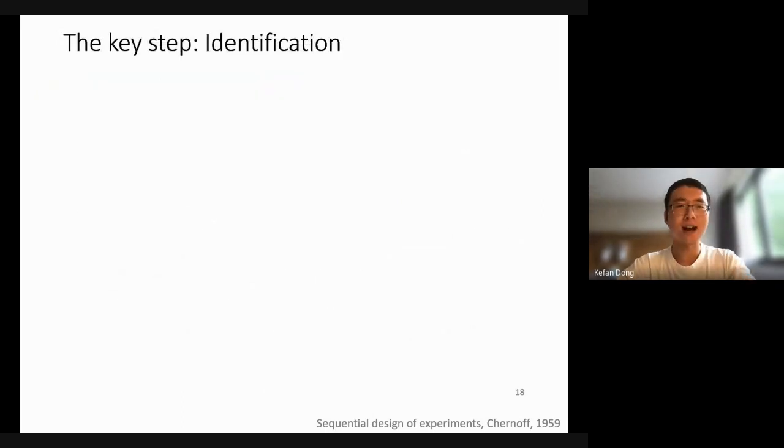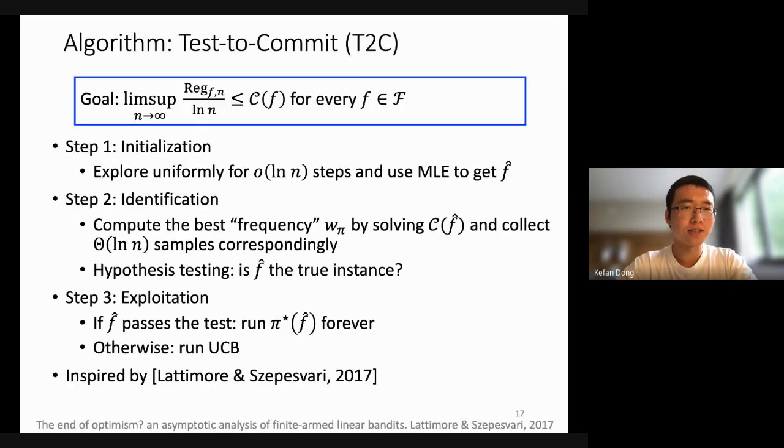So I should mention that this 3-step algorithm is particularly designed for better exposition. In this case, the set of the frequency of the policies is not iteratively refined.